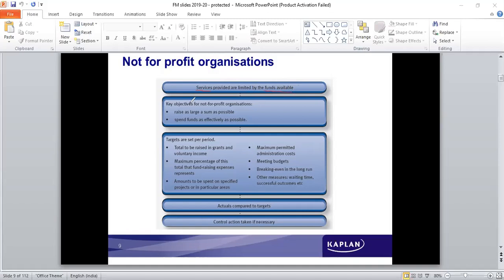So the key objectives for a not-for-profit organization are to raise as large a sum as possible, then spend funds as effectively as possible. The first part is how they would raise the funds. That is important because they're not getting back anything in terms of sales, revenue and profit. They have to depend on the sources from which funds can be raised.